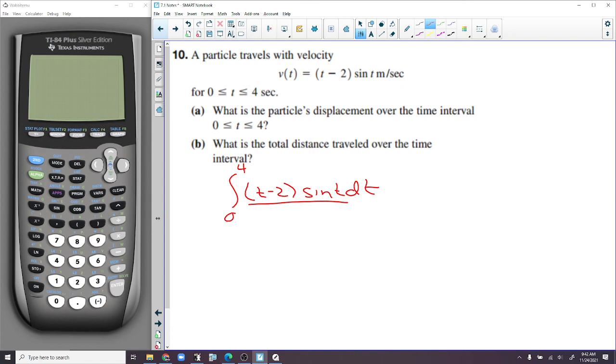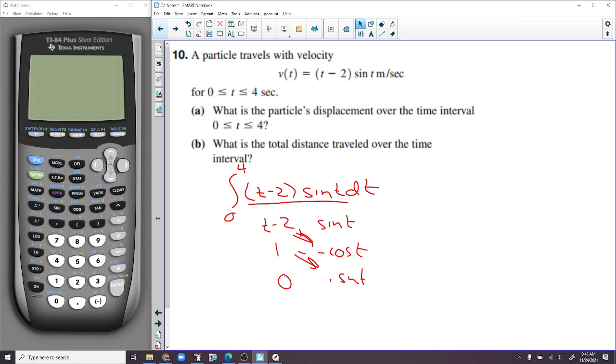I'll give you hints for tests. But as far as going over the integral, we're done with that. We're done teaching that. Now, we'll still review as we go, but some of these problems, I'll just expect you to know how to integrate it. This would be tabular. It'd be t minus 2, 1 and 0, sine, negative cosine, negative sine. You draw the arrows, plus, minus, and you'd continue on, but we're kind of out of time.